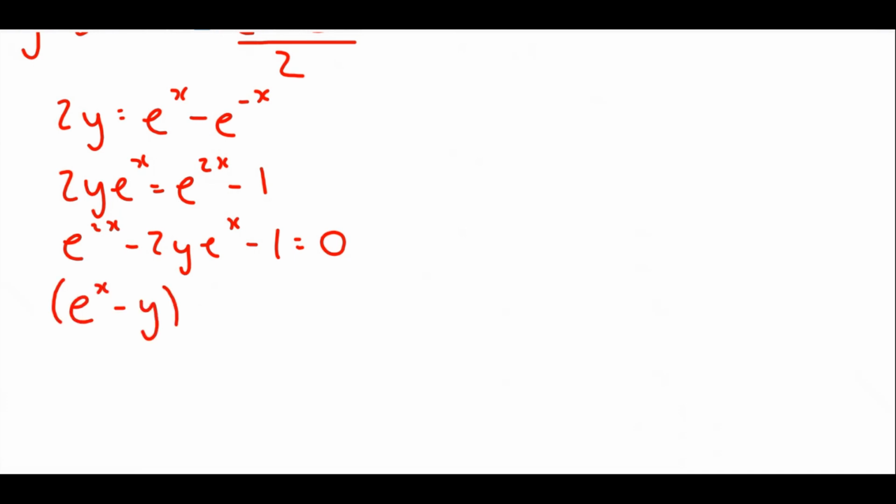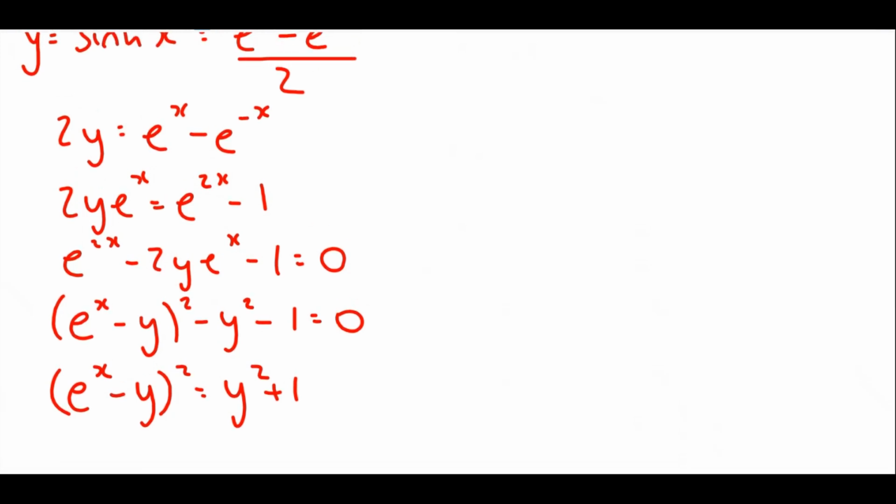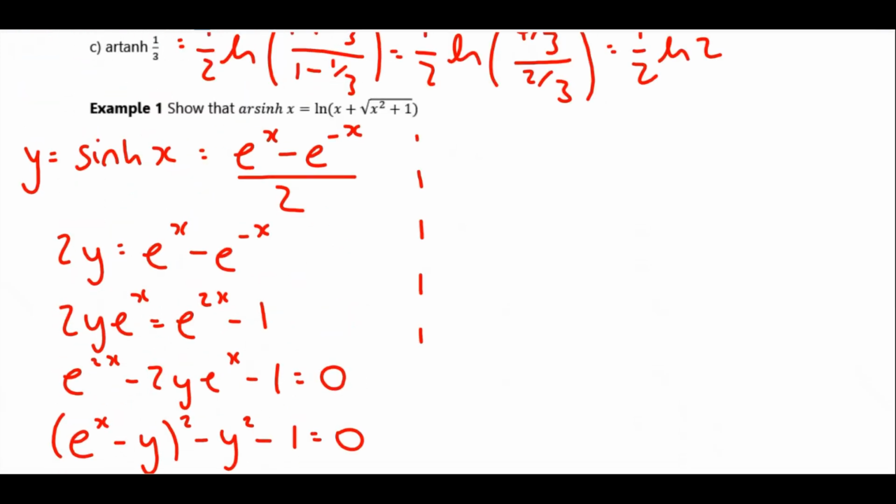Halving my e to the x term just gives me y. I square the y and take it away, and I've got the -1 there as well. I can add that across to the other side. That gives e to the x minus y all squared equals y squared plus 1. Now I'm going to square root both sides.